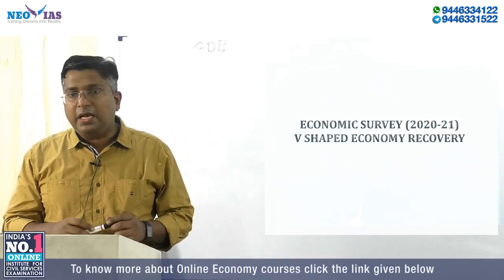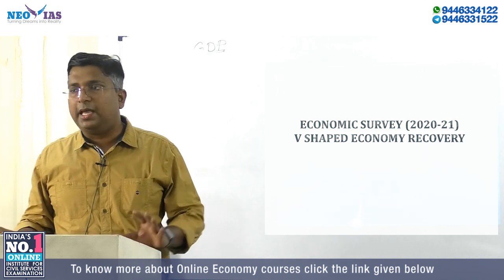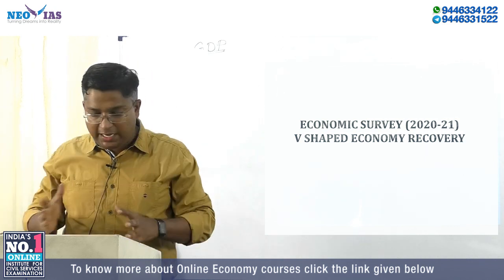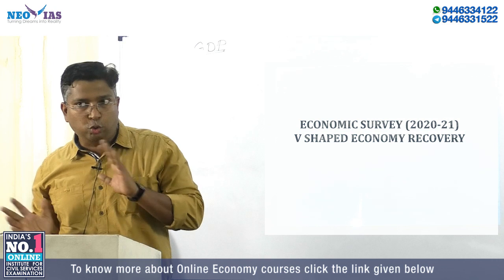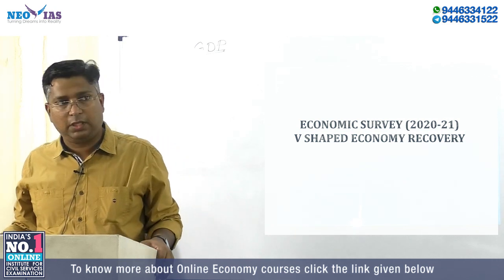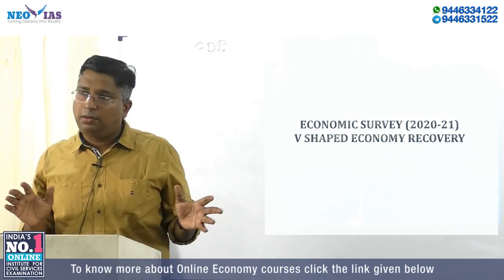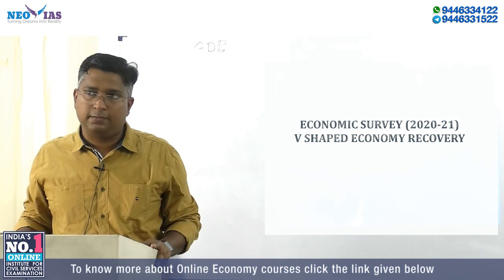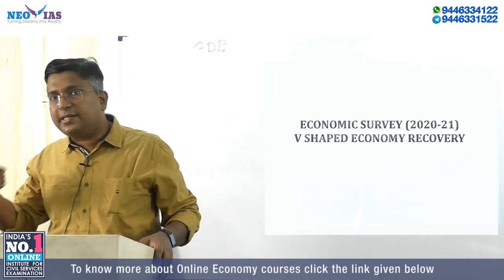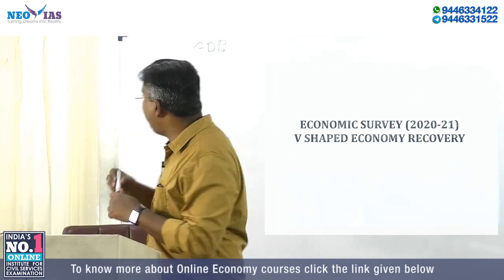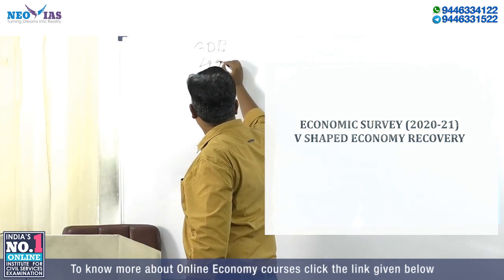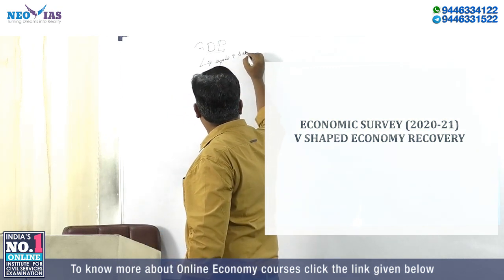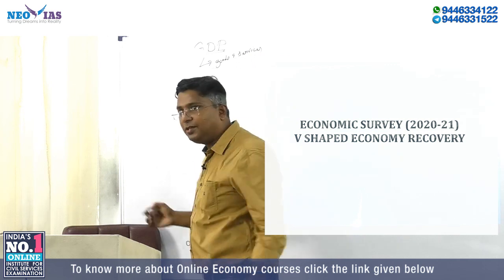Now, to calculate this national income, we look into 2 main angles. One is the supply side angle. The other is the demand side angle. GDP is all about goods and services, na? Yes or no? Yes.